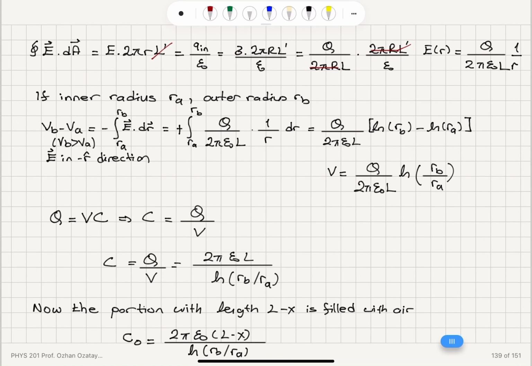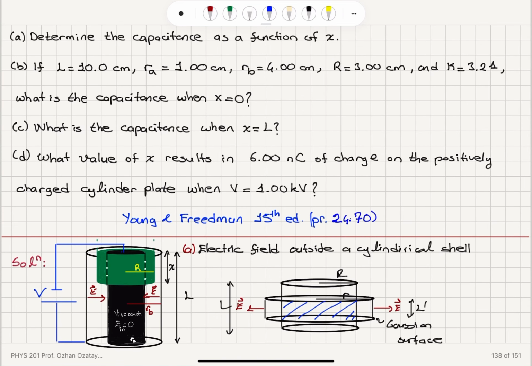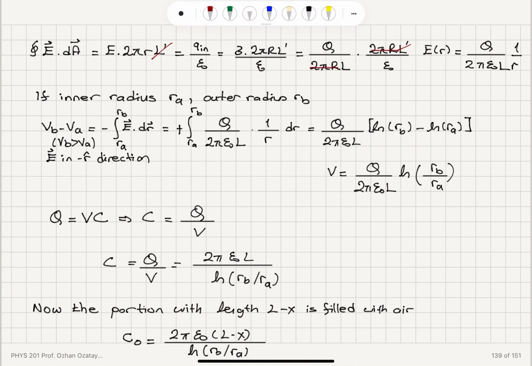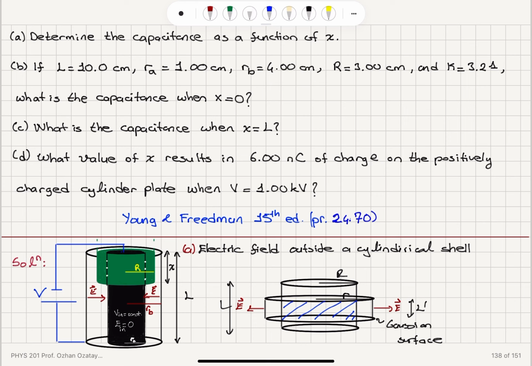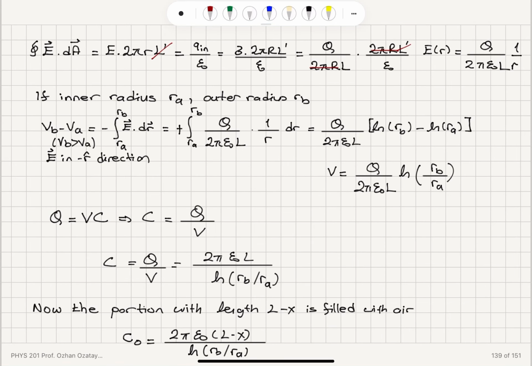Okay, so we have the potential difference between two points in the radial axis between R sub A and R sub B, and that is basically defined by the electric field created by this solid cylindrical shell.